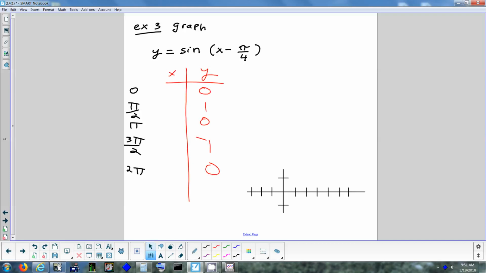And I'm going to add pi over 4 to all of them. So you might think you're going to need common denominators for everything, but I just do the first two, and however far apart they are, that's how far apart they all are. It's the same all the way down.